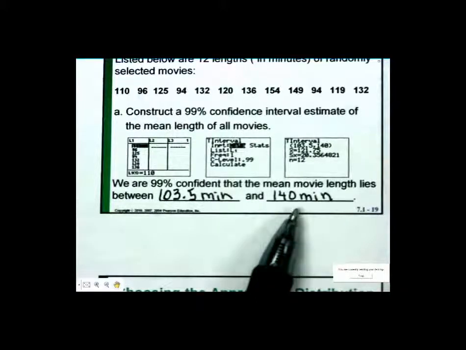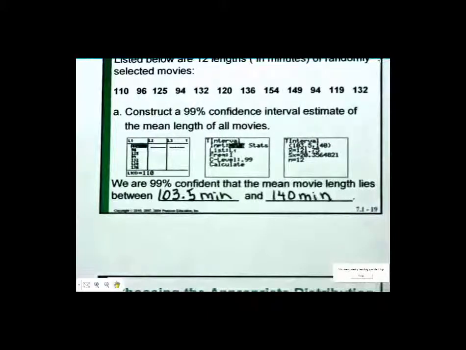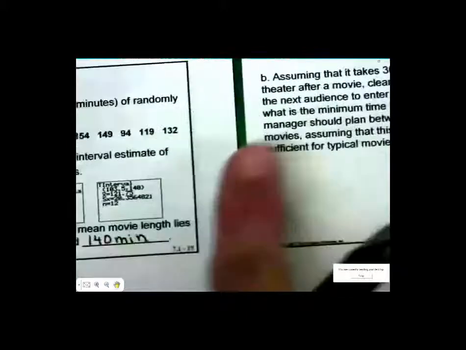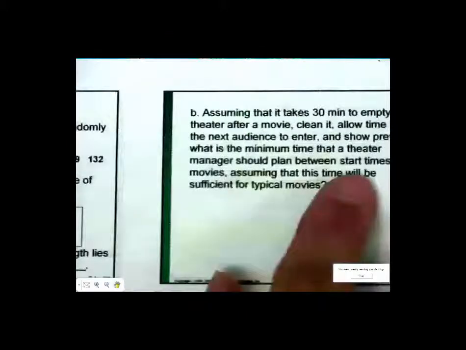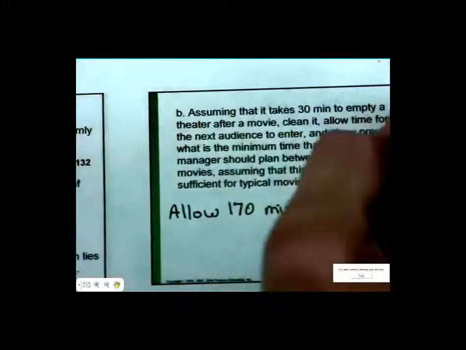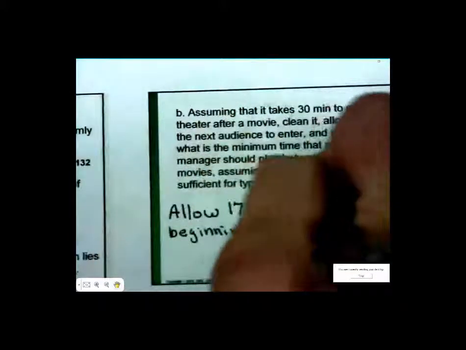So use the 140 minutes and then add the 30 minutes to clean. You need to allow 170 minutes between the beginning of movies, between start times.